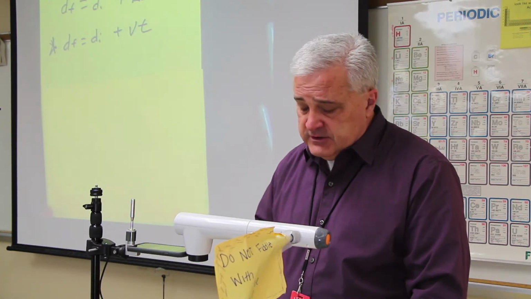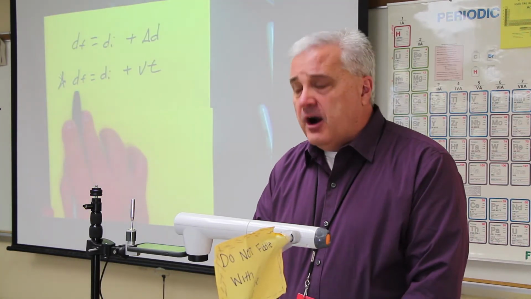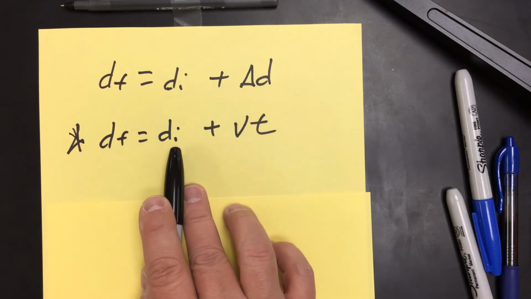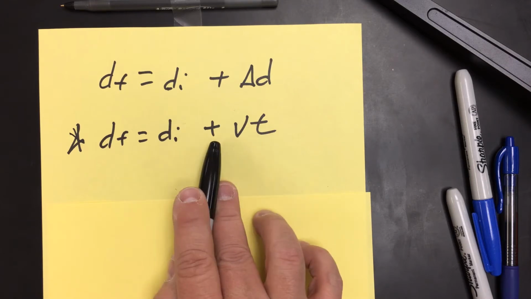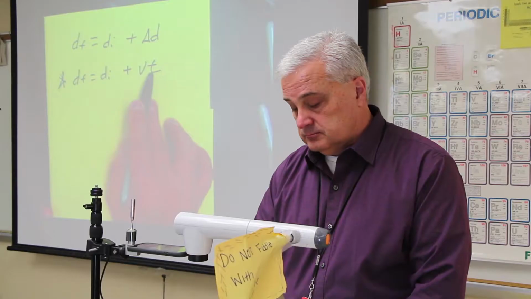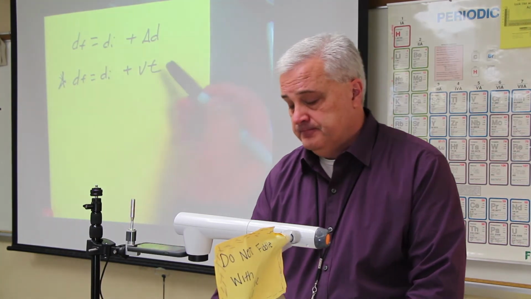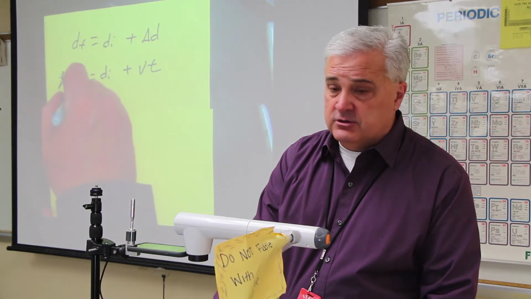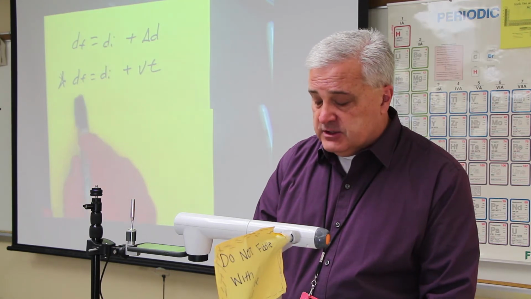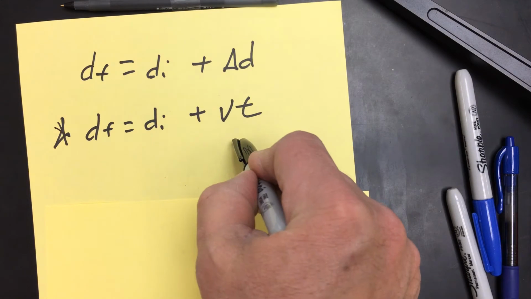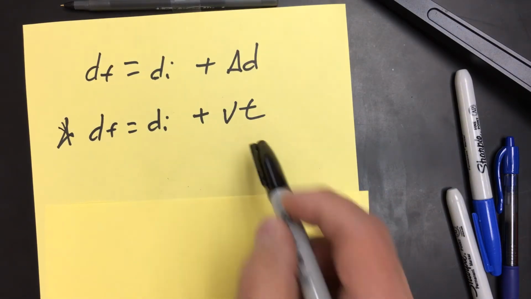So it boils down to how far it is from something is equal to how far it was from something to start with plus how far it moved. So the change in distance is velocity times time. The total distance away from whatever it is that you're considering is how far it was to start with plus how far it moved.